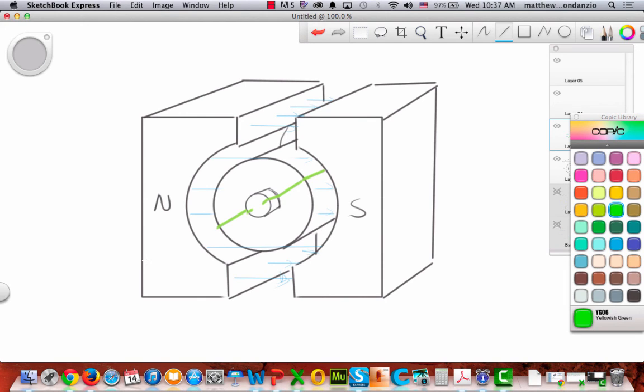Now, what I can do is create a contact here and here, okay?